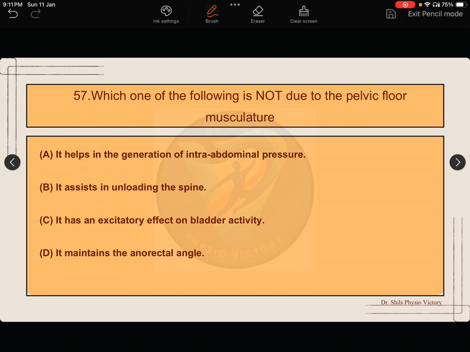Option D, it maintains the anorectal angle. So here the correct answer is option C, because it basically does not excite, it inhibits the bladder.